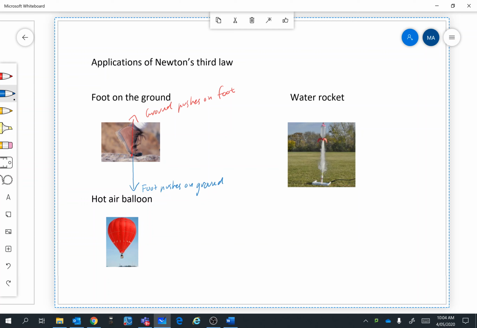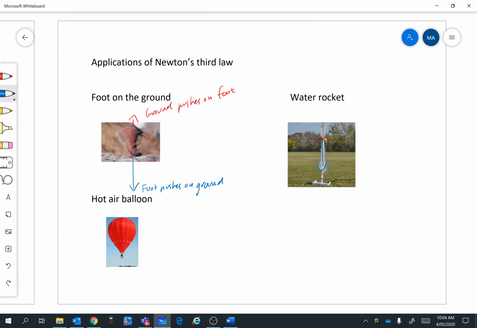So what happens as an action force is that water is pushed out by the pressure that's in the bottle. So I suppose in a way we would say that the bottle's not really pushing on the water, but the pressure inside of the bottle is pushing the water outside or down and out of the bottle.